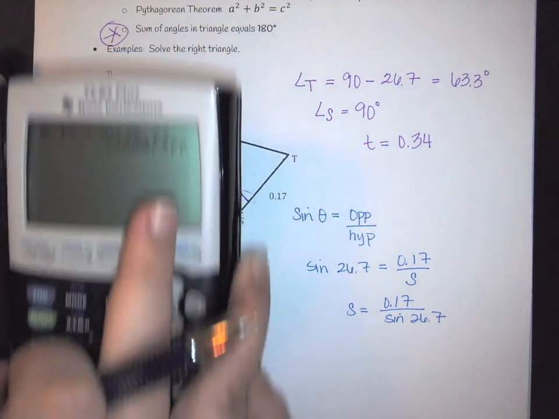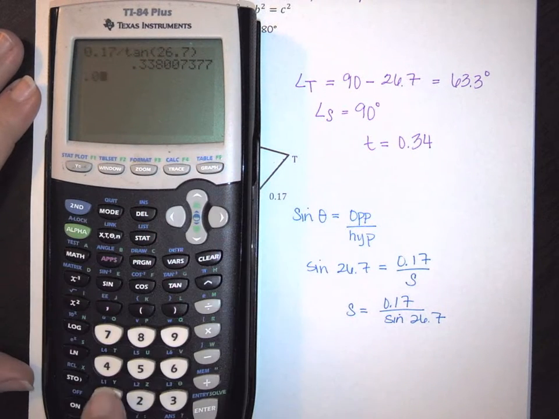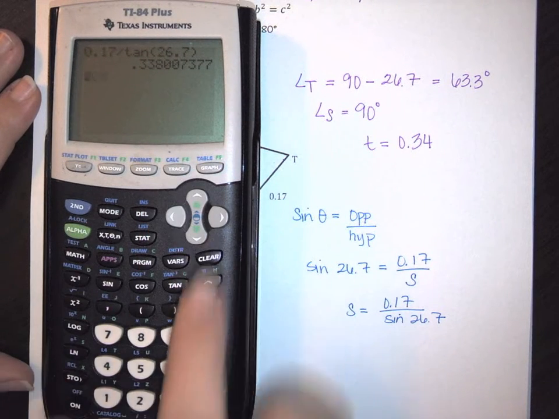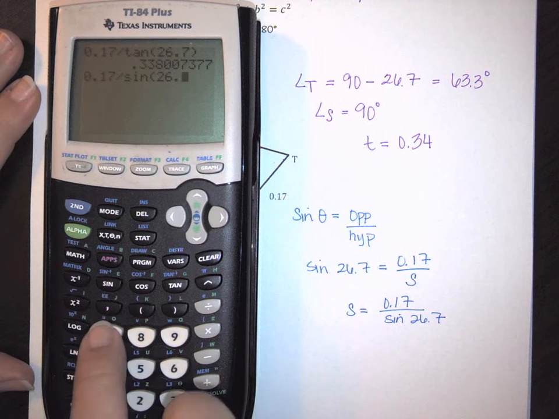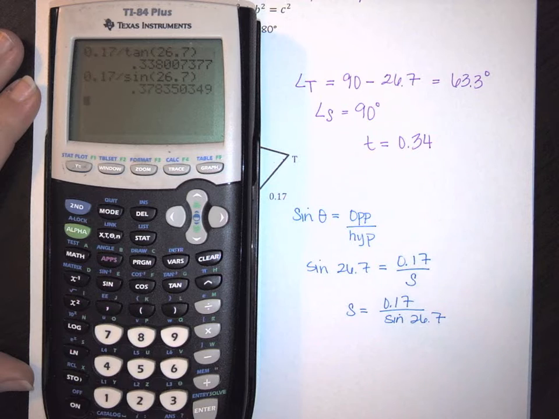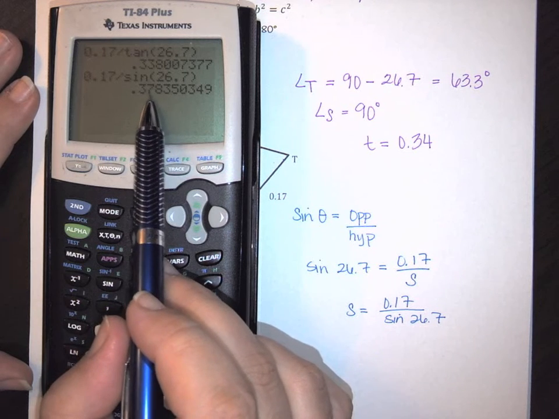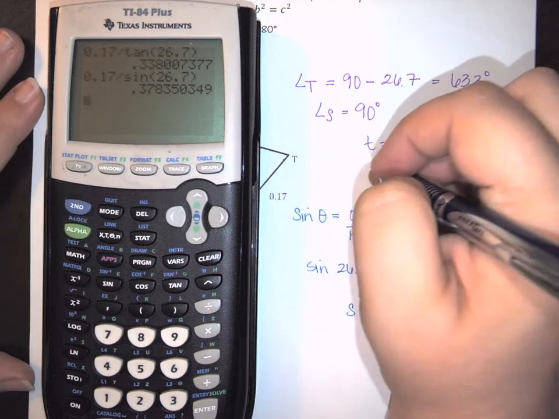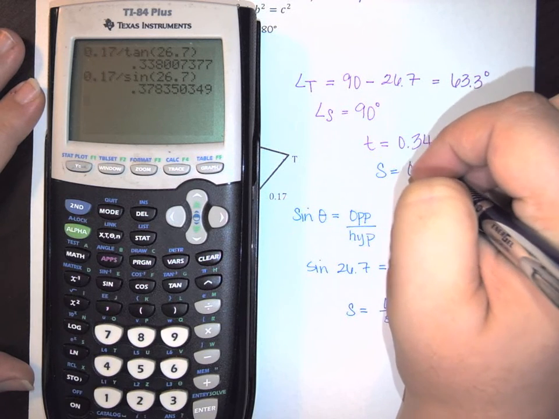So just like before, we're going to use our calculator here. We've got 0.17 divided by the sine of 26.7. And again, here we're going to round to two decimal places. So 0.378 is going to become that S is 0.38.